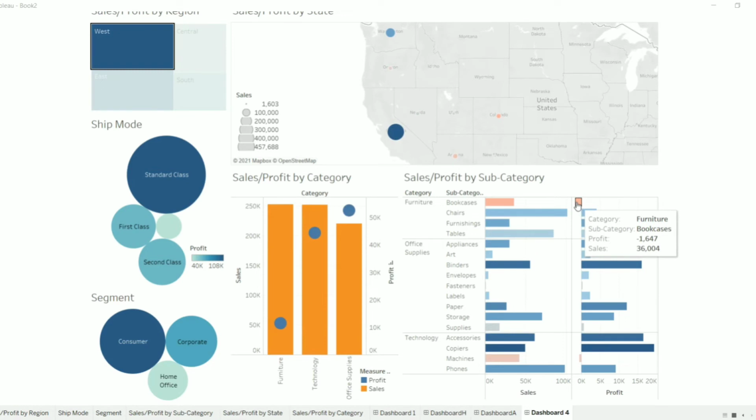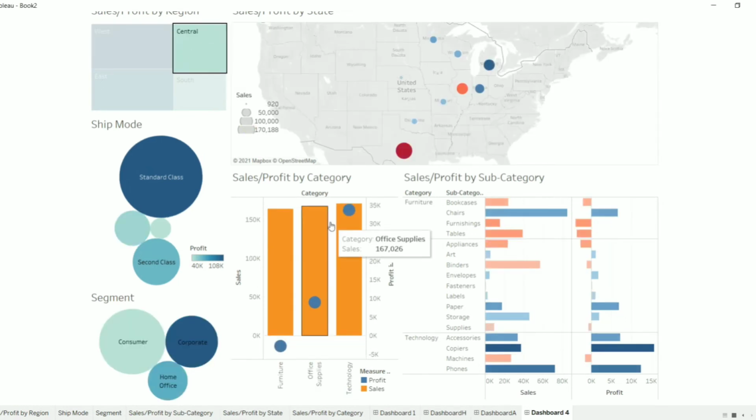Now let's go to the Central region. Here we can see profit for Technology is quite fine, although the Machines subcategory here is not doing well and has more of negative sales and profit. Office Supplies is giving low profit due to some of its subcategories like Appliances, Binders, and Supplies, which are into negatives.